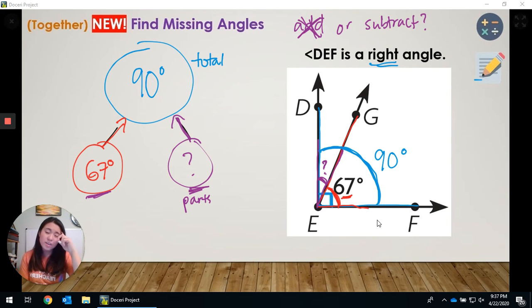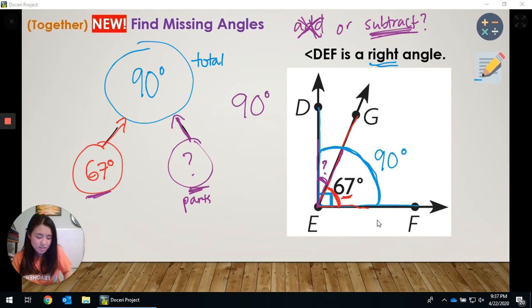But let's just check. If I subtract, if I take away 67 degrees from 90, will I get a smaller number? Whenever you take stuff away, you always have less, right? So subtracting sounds like it might be a good idea. So we can go ahead and try that. 90 degrees subtracted by the 67 that we already know will give us what's left over, and that should be that missing part.